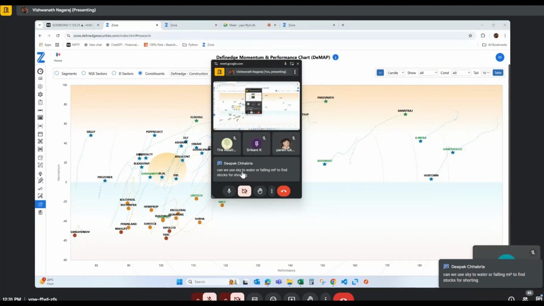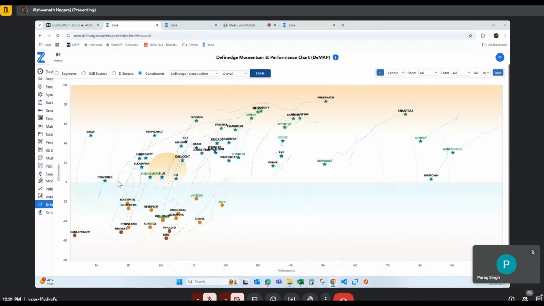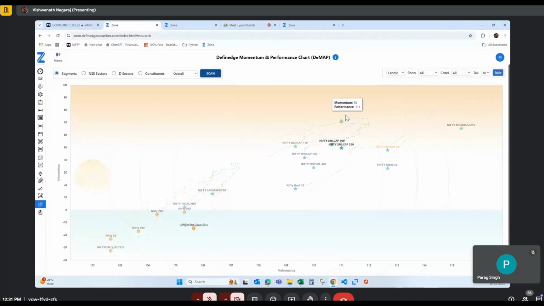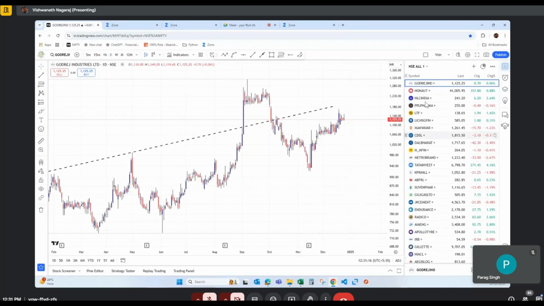Can we use sky to water or falling MP to bearish? Absolutely. I think then I'll have to explain what this whole thing is, right? Let me get one white screen first. Give me 1 second.